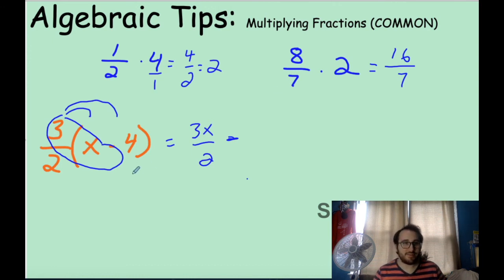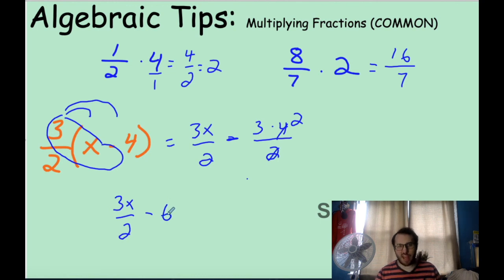Or you can see, this is the advanced way of thinking, this is the same thing as 3 times 4 divided by 2. 2 goes into 4 2 times, so I can rewrite this as 3x divided by 2 minus 2 goes into 4 2 times. 3 times 2 is 6.